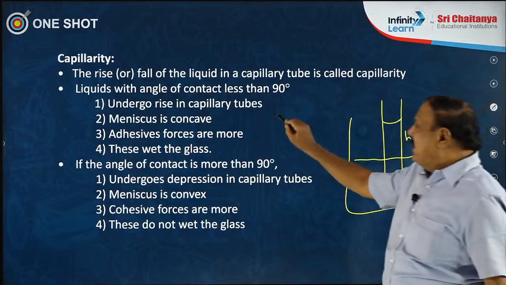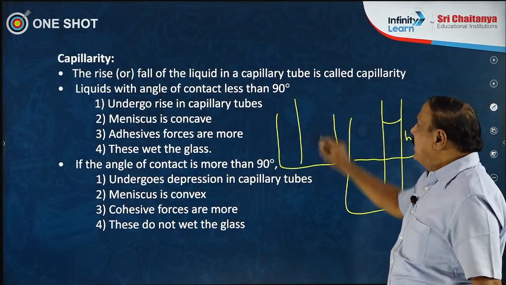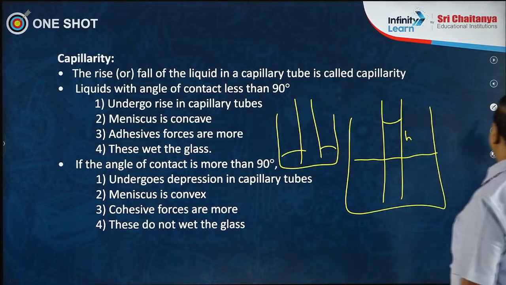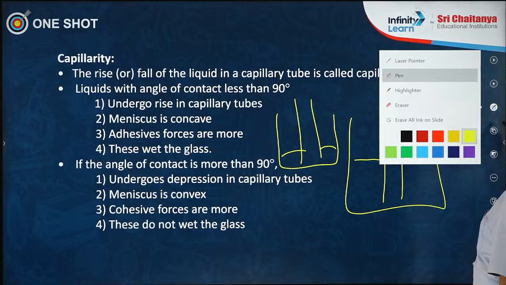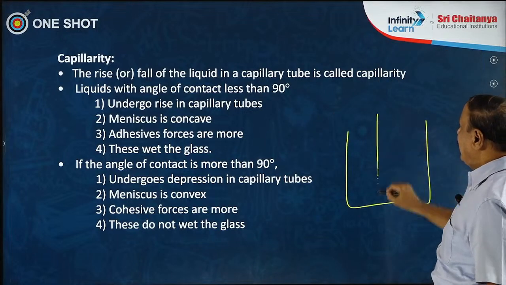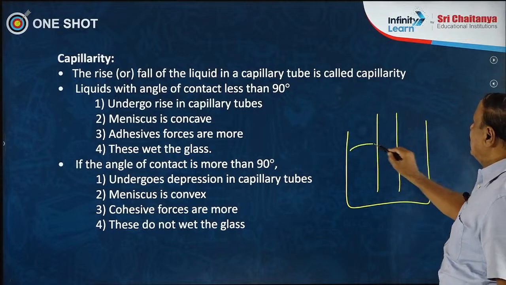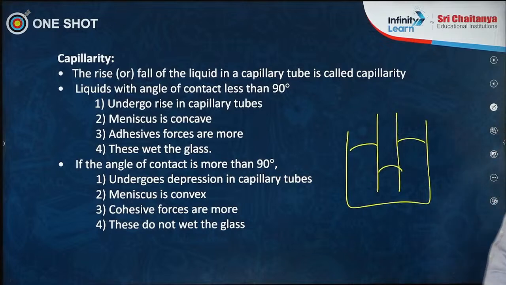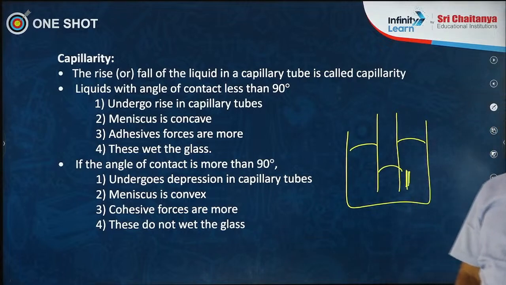Suppose in a similar way, you dip a capillary tube into mercury. Suppose this is the beaker containing mercury, and a capillary tube is immersed. Now this is the mercury column in the beaker, this is the mercury column inside the capillary tube. That means this mercury will undergo depression in the capillary tube.